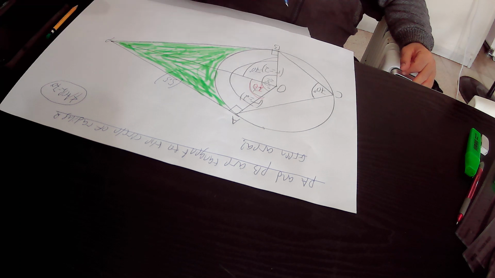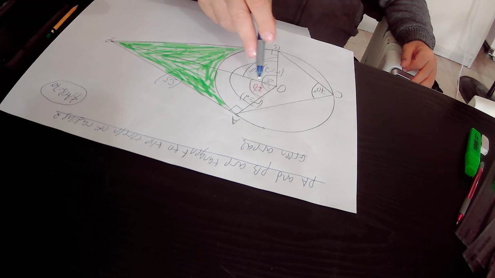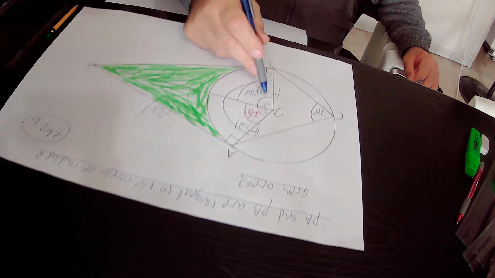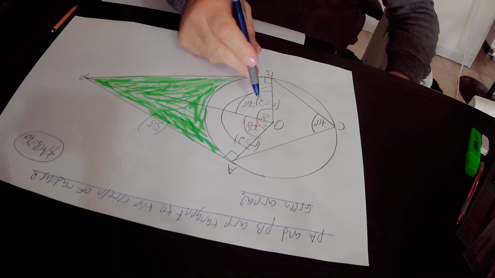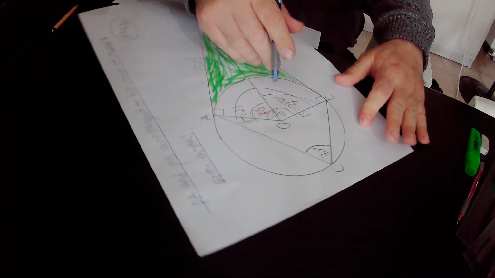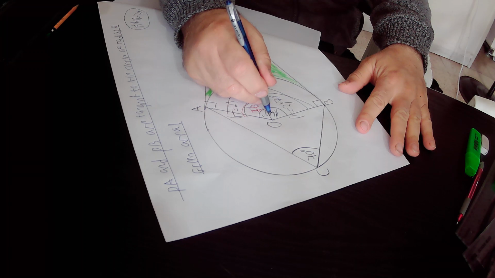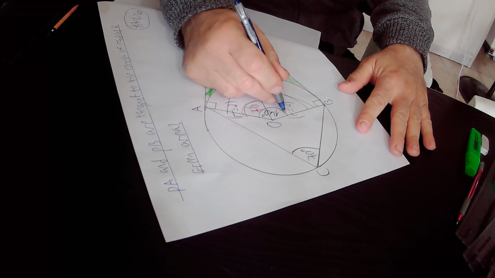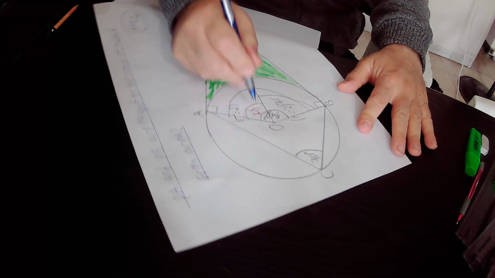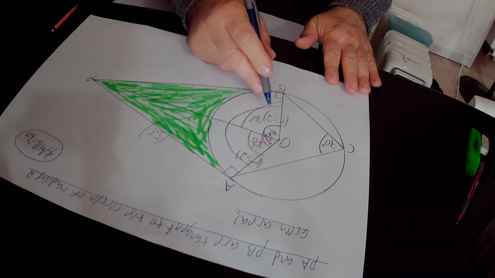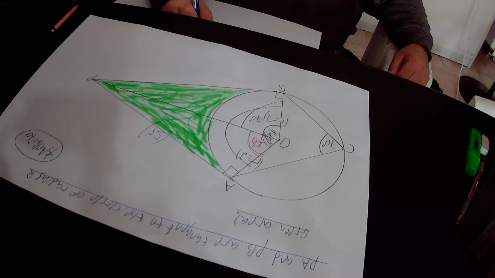That is actually pi r square, because r is the radius of this circle, times the angle between the legs AO and OB of the sector AOB. The angle between the legs is 140 degrees, as we already found out, according to rule 13. So it is 140 degrees over 360 degrees.